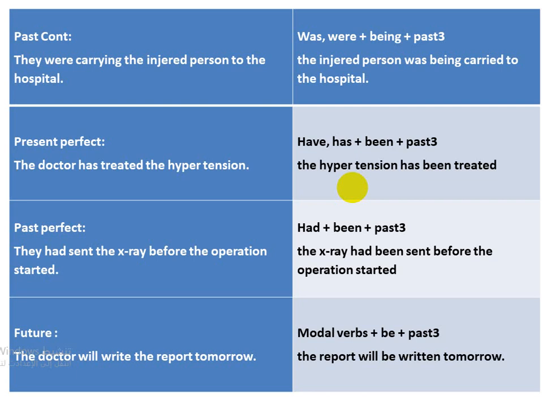So when we change from active voice into passive voice, the rule is modal verb plus be plus past participle, verb 3.